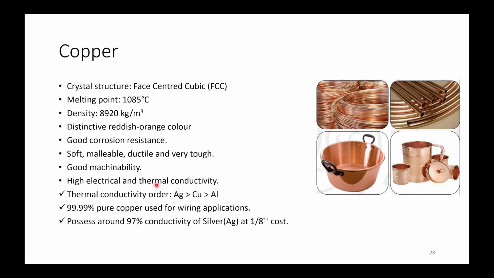The thermal conductivity order is: silver has the highest, then copper, and then aluminium. If we take 99.99% pure copper, it is used for wiring applications, and it possesses around 97% conductivity of silver at 1/8 of the cost.